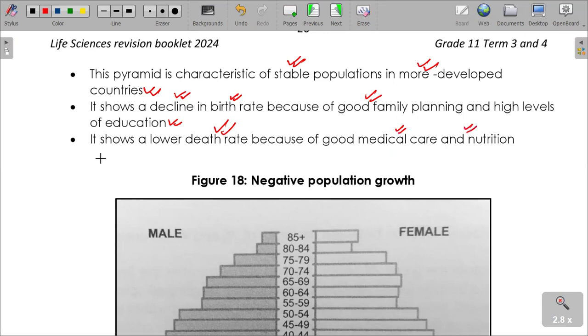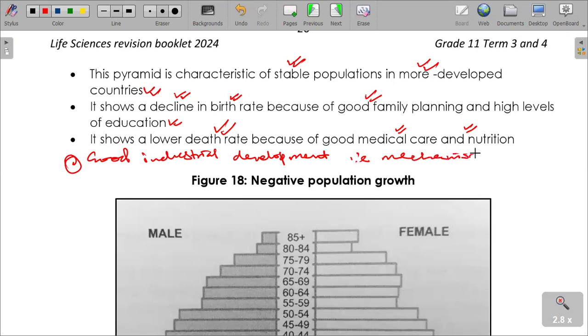Another point that we can add is good industrial development, which is also mechanization. We also talk about health and safety.